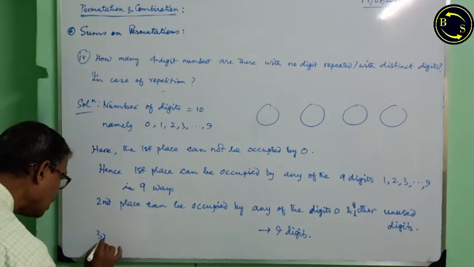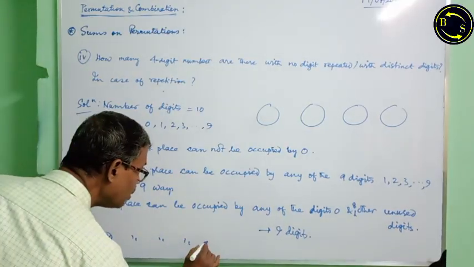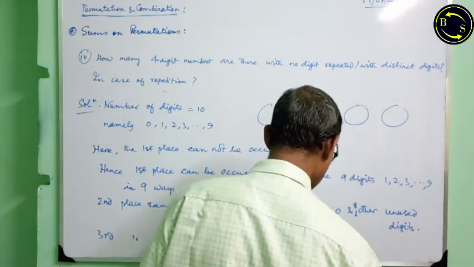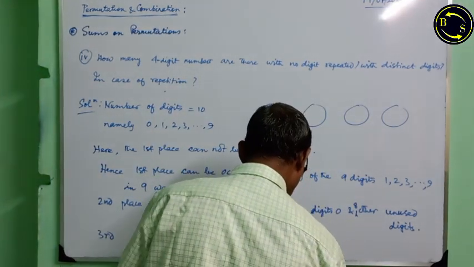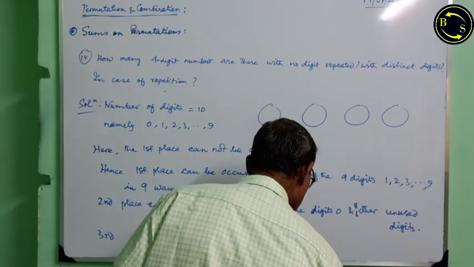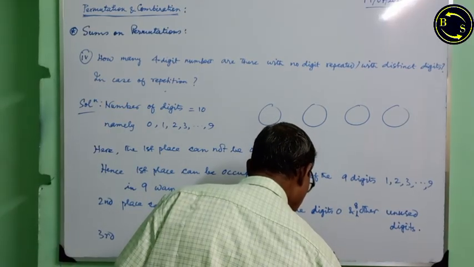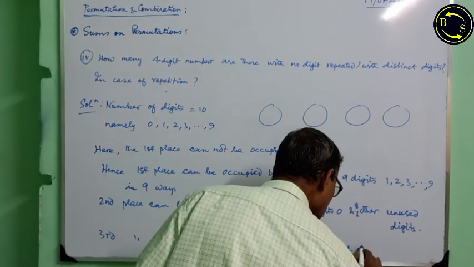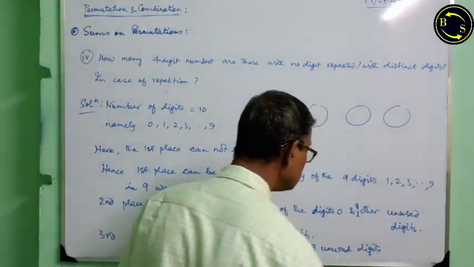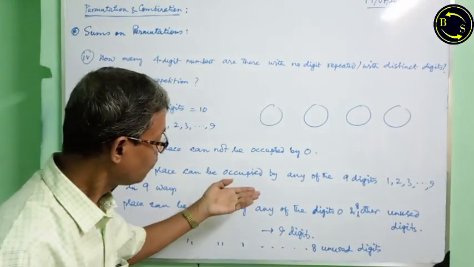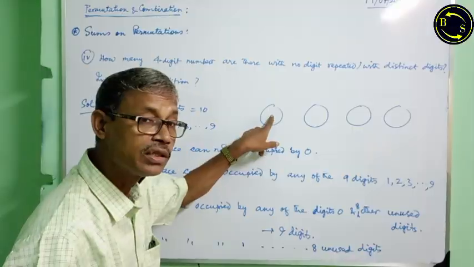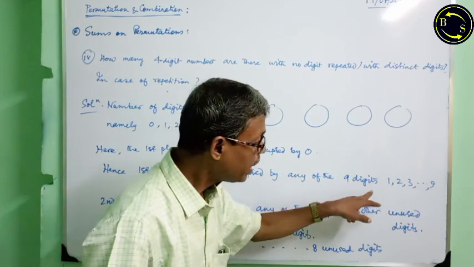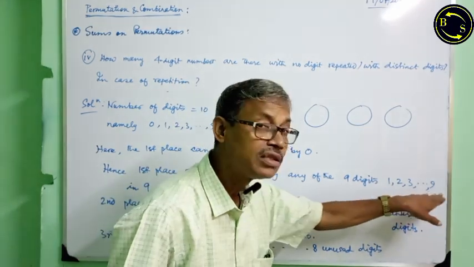Third place can be occupied by any of the 8 unused digits. For the first place, I have used 1 digit out of these. Then for the second place, we have used one of the 8 unused digits or 0.